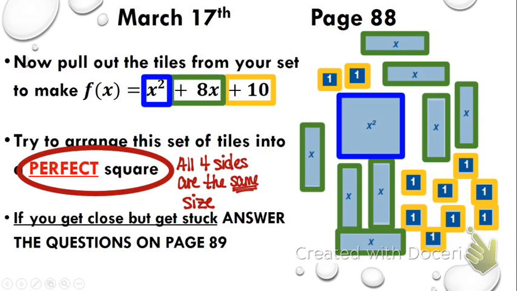What problems are you guys running into, or did you run into as you were trying to arrange these? Not enough of the little yellow ones. Okay, so if I was going to allow you to have some extra tiles, how many would you need? 6 extra tiles.